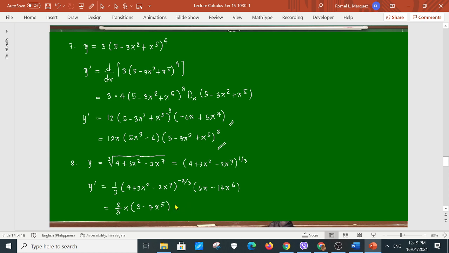Okay? Times 4 plus 3x squared minus what? Minus 2x to the 7 raised to negative 2/3. So, that's the derivative. Okay? So, ito yung pinaka-final. Question? No question?